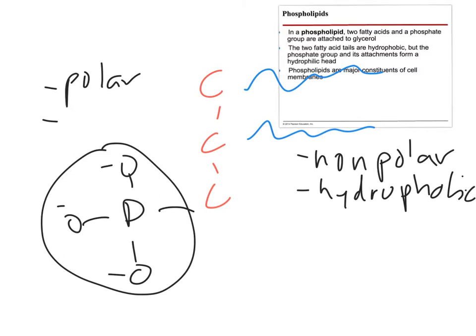Yes, it will. That's hydrophilic. Hydrophilic. Man, my handwriting's getting better. Okay? So the whole phospholipid molecule has a hydrophilic head and hydrophobic tails.